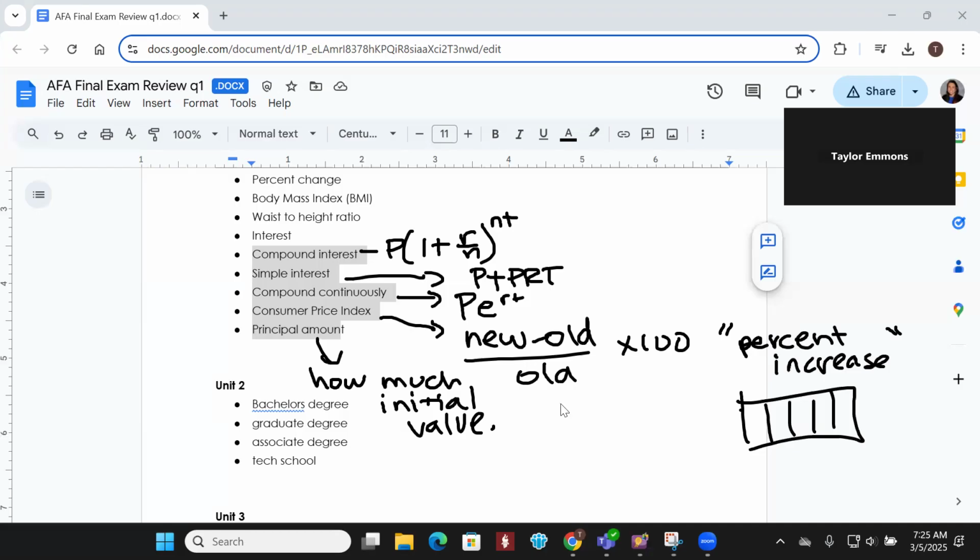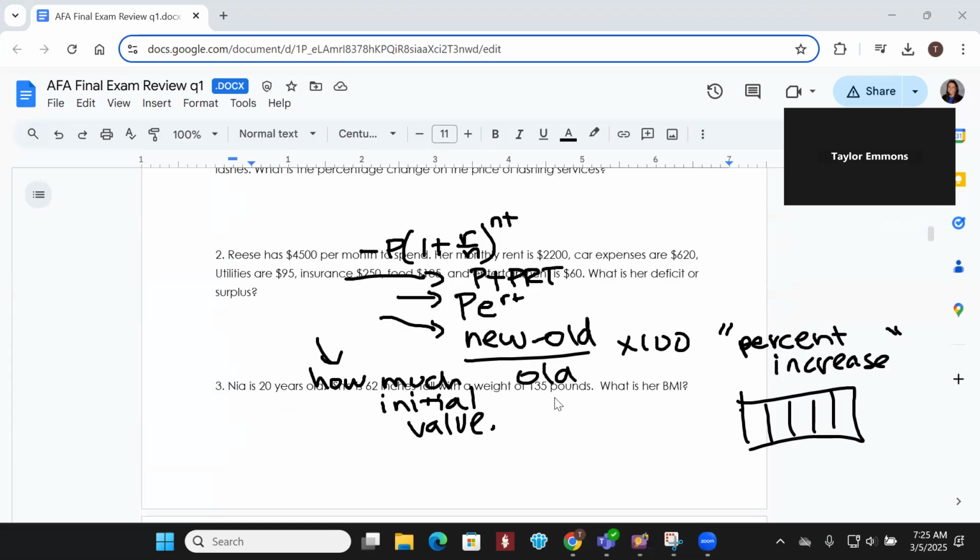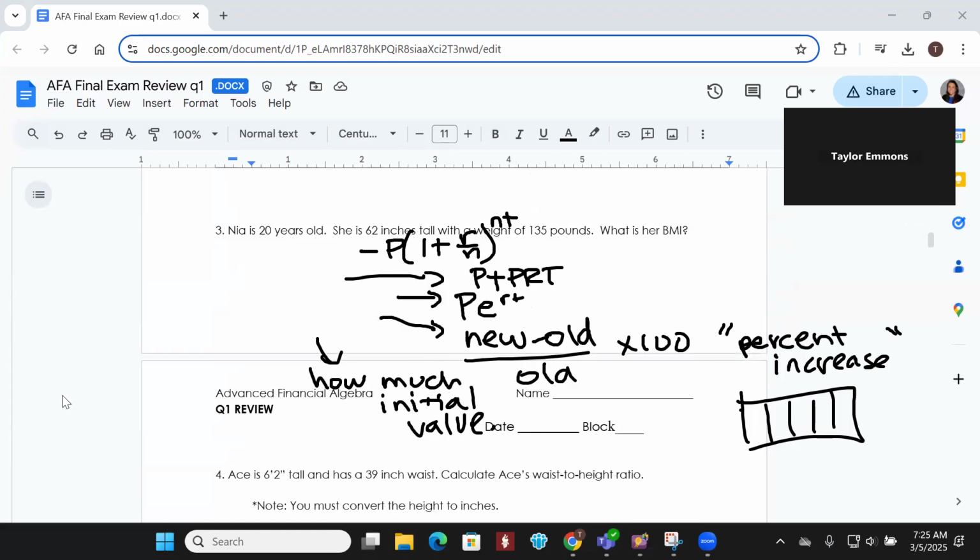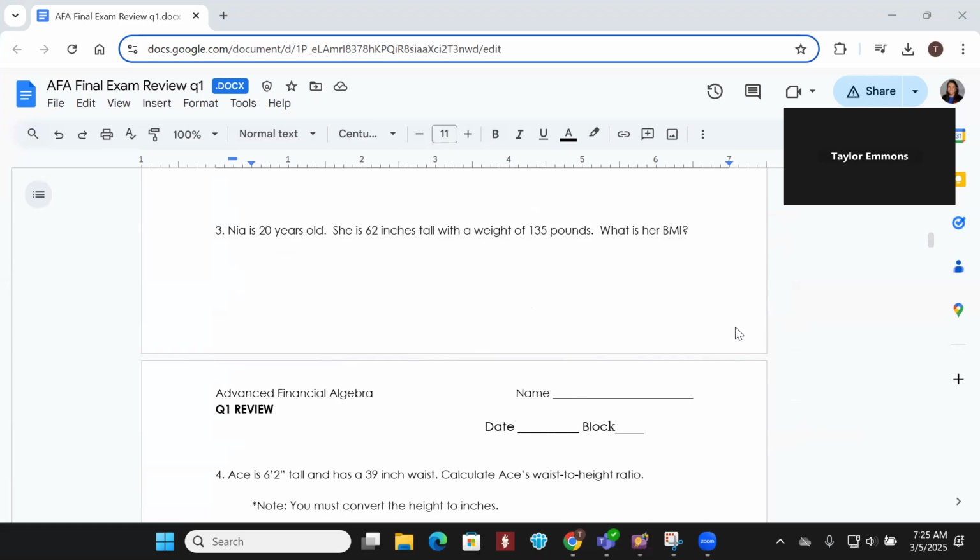All right, go ahead and go to Unit 1, question 3 and 4. Nia is 20 years old, 62 inches tall with a weight of 135 pounds. What is her BMI? Remember, we've got to convert to kilograms and meters.